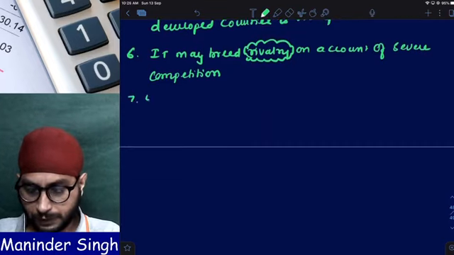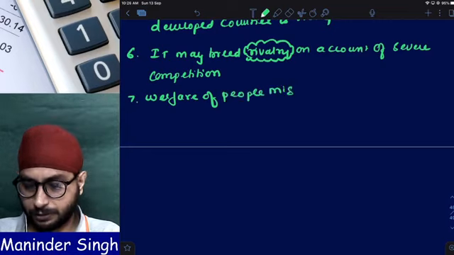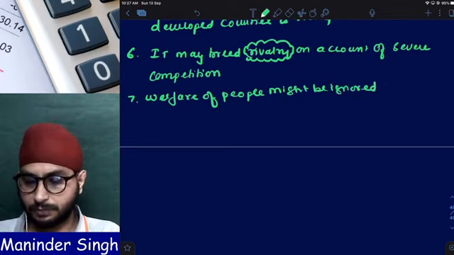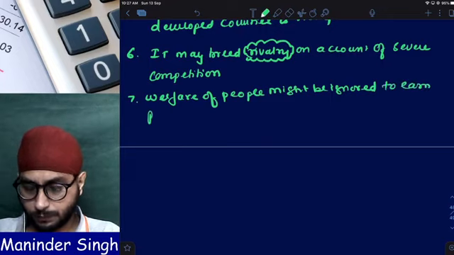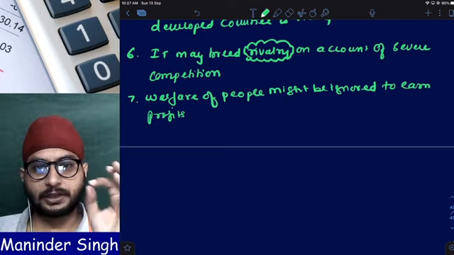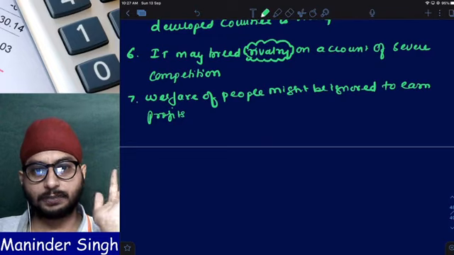Next, welfare of people might be ignored to earn profits. Now tell, what is the only objective of international trade? Welfare of people or to earn money? Simple, earn money.